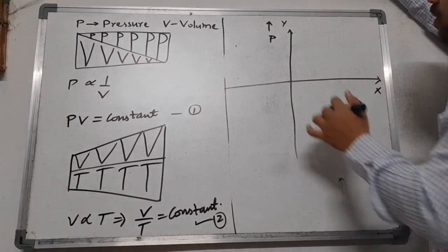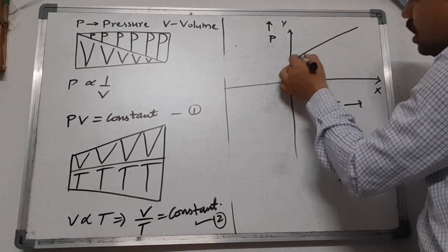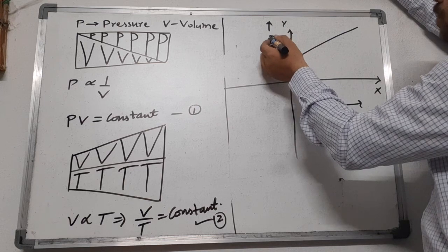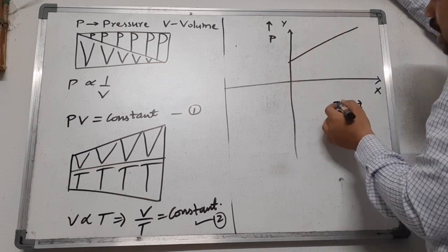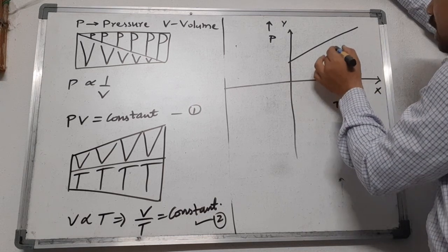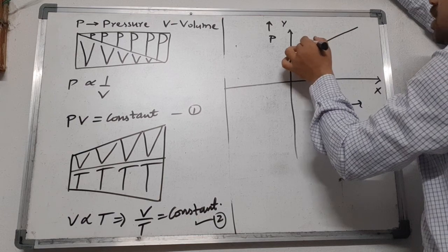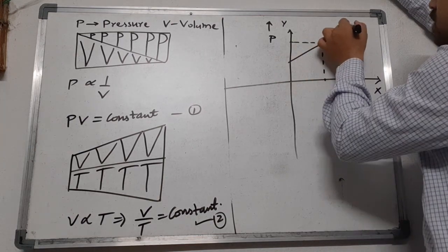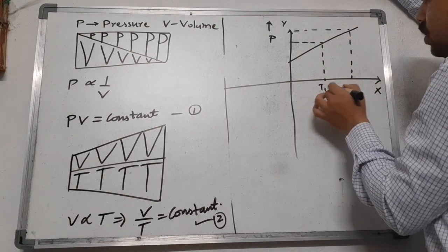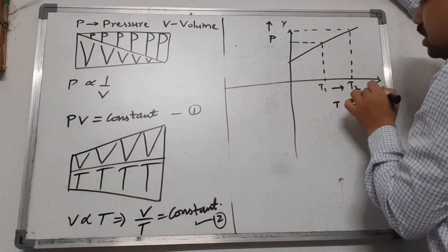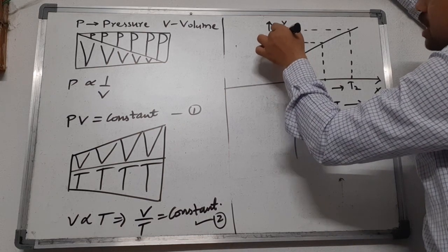When I draw the graph, pressure is increasing as the temperature increases. Going from T1 to T2, the temperature increases, and from P1 to P2 the pressure also increases.